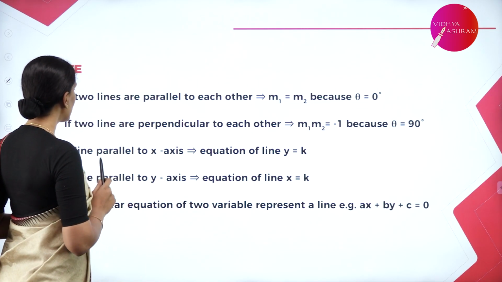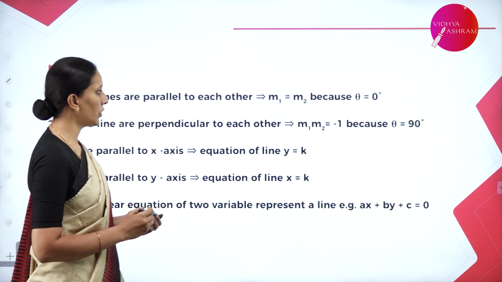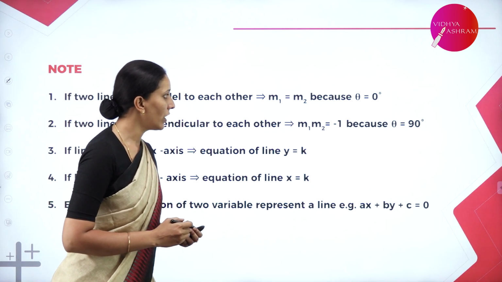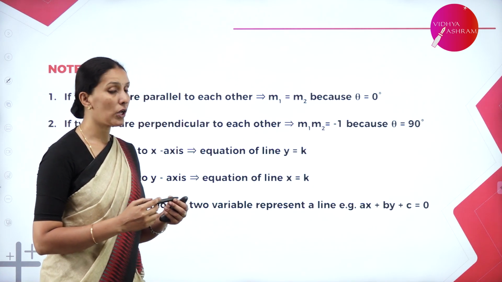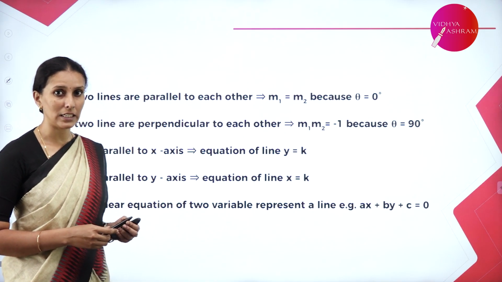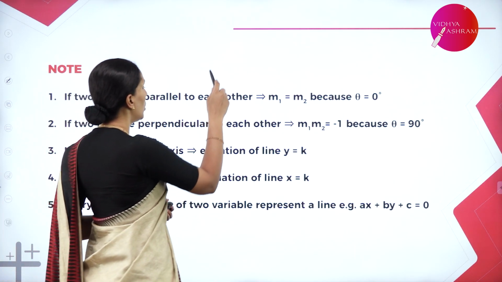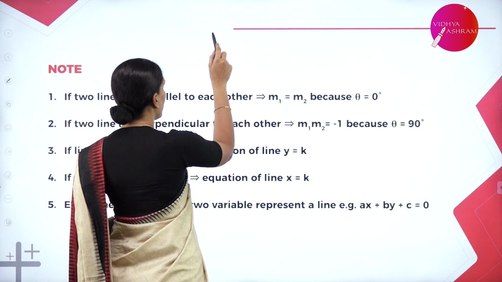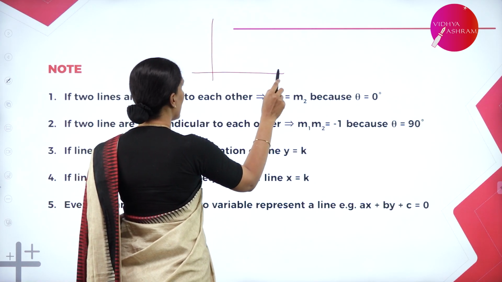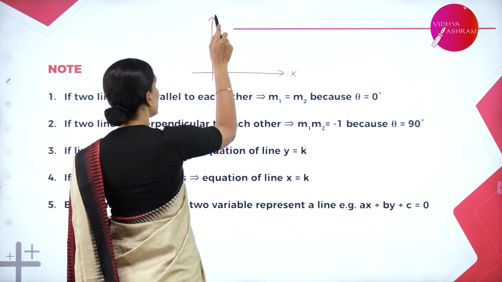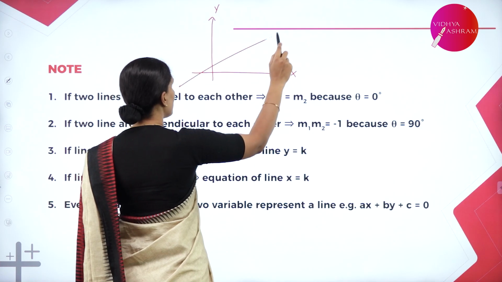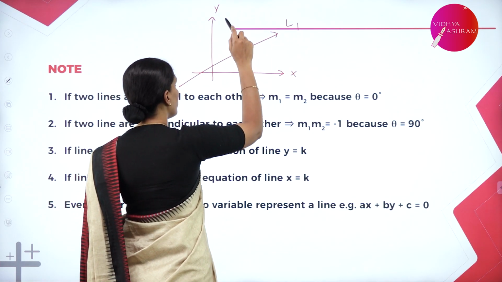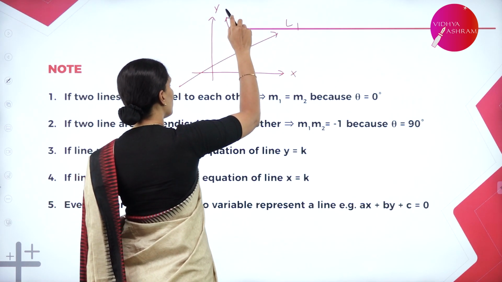The second point is if two lines are perpendicular to each other, the product of their slopes is equal to -1, because theta is equal to 90 degrees. So if we consider two perpendicular lines here, let me consider this as the x-axis and this as the y-axis. Let this be line L1, which is perpendicular to line L2.